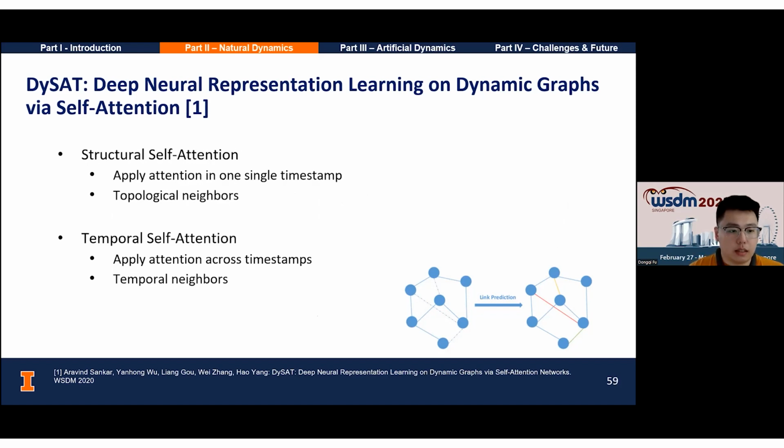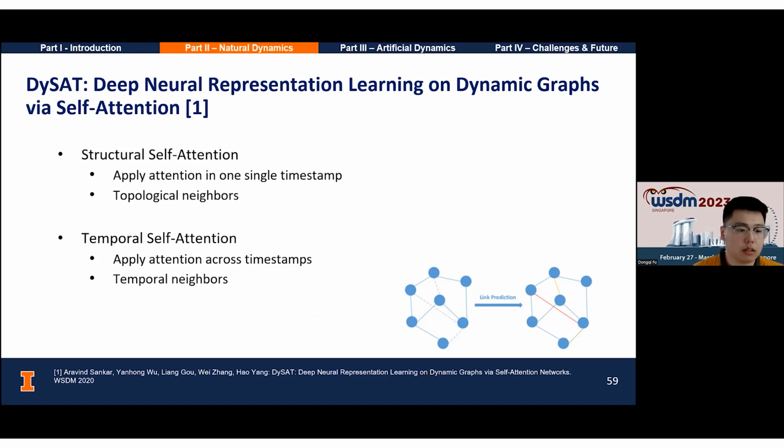Also, in DYSAT, there are two modules. The first one is structural self-attention, and the second one is temporal self-attention. The key point of the structural self-attention is to apply the attention in one time step, and the challenge is how we find the temporal neighbors to attend for a node.